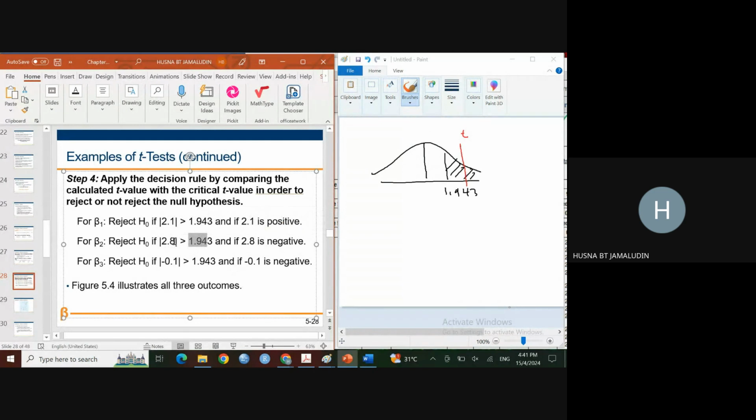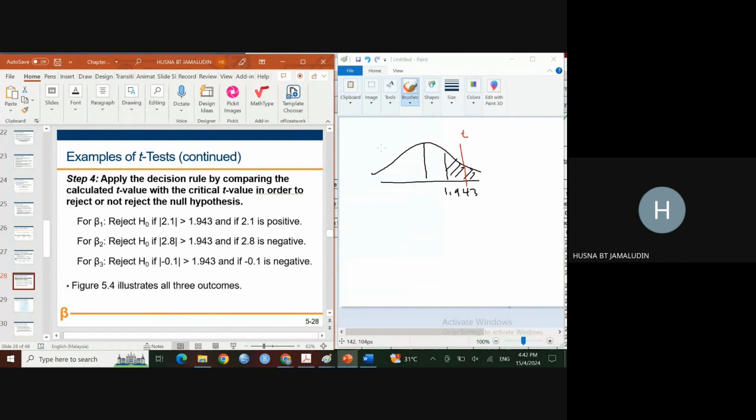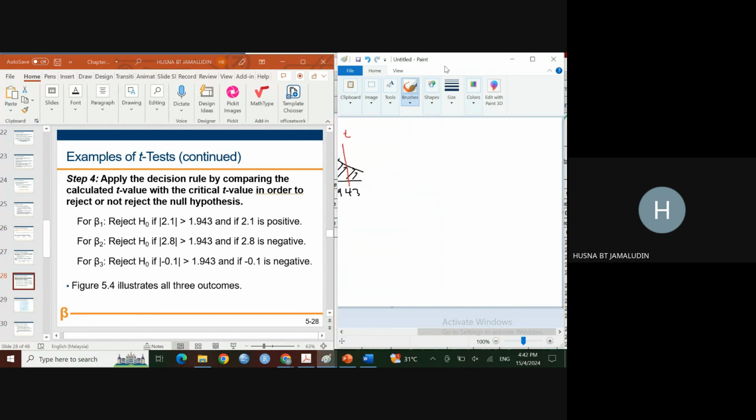Of course, your test statistic is larger. But if 2.8 is negative... let me check. Is it negative 2.8? 2.8 is not negative. So what does it mean? Let me draw here. This is 0. Reject H null if this is your test statistic.